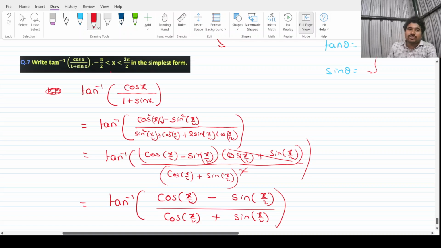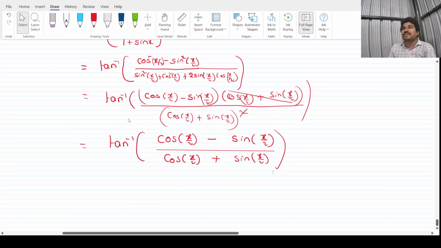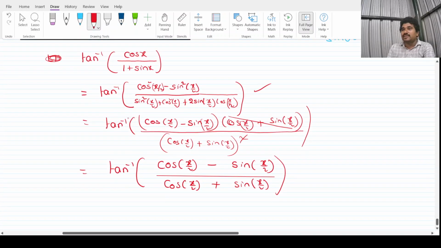Sir, divide both numerator and denominator with sin x by 2. Sir, what is cos x? Which step? This one. What is the cos expansion? Cos x. If you don't know it, I cannot do anything.